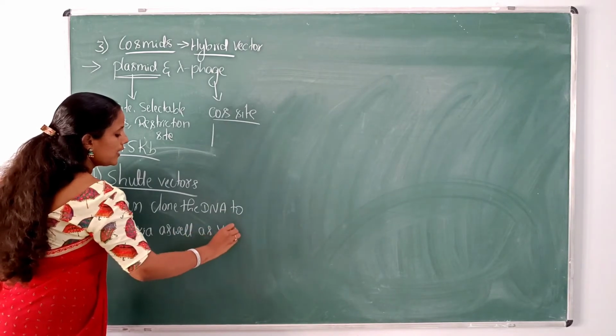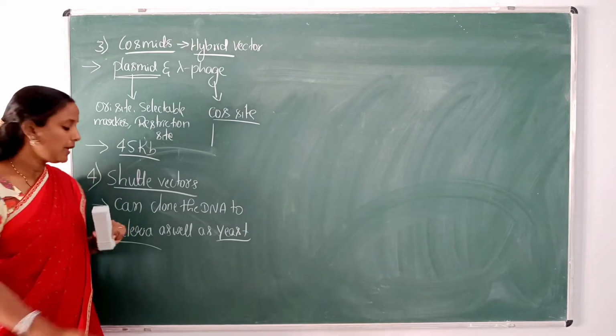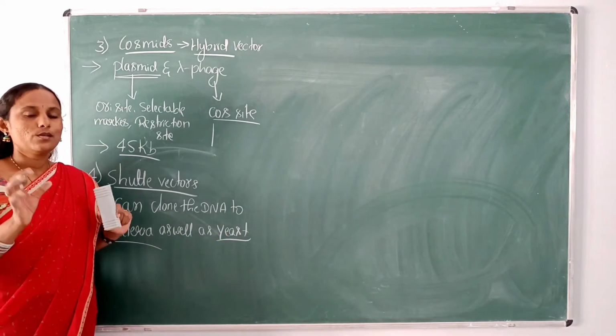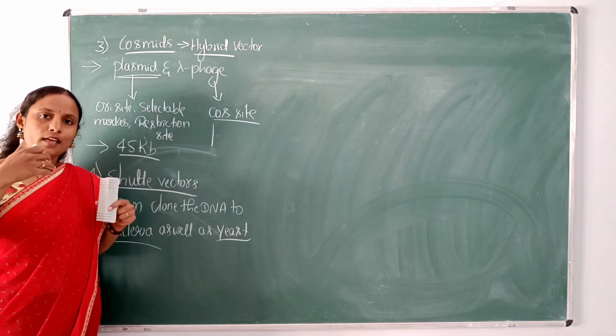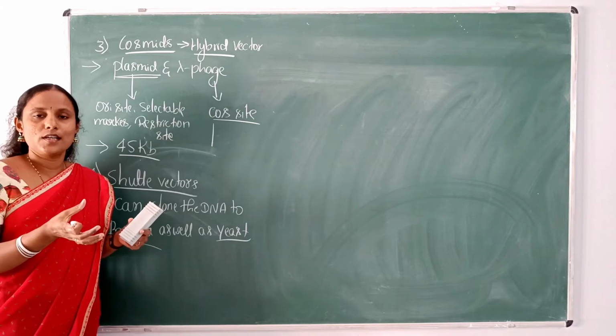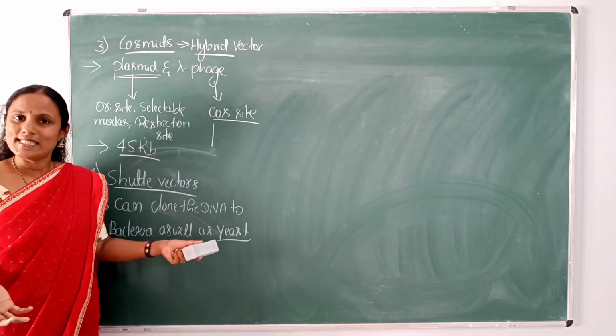They can clone the DNA into bacterial cells as well as yeast cells. Bacteria are prokaryotes, yeast are eukaryotes. So they are made in such a way that they can successfully transfer the genetic material into a bacterial cell as well as into the yeast cell.